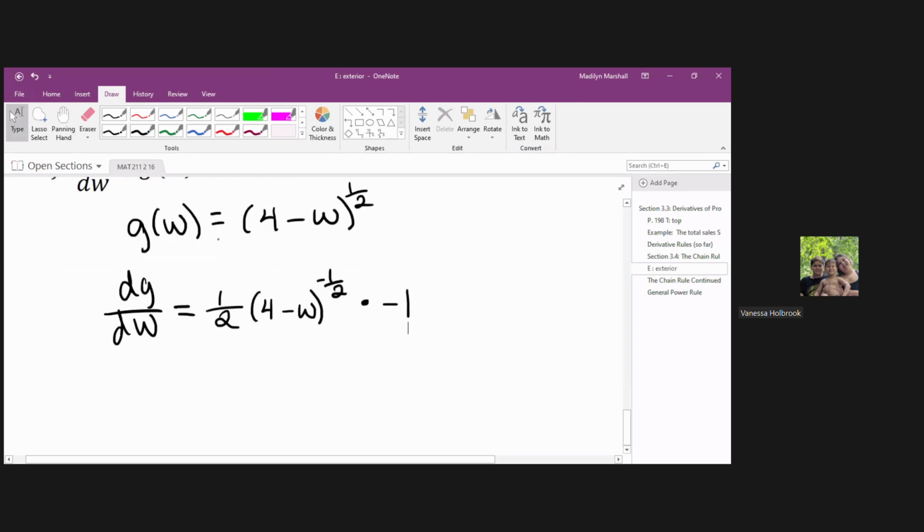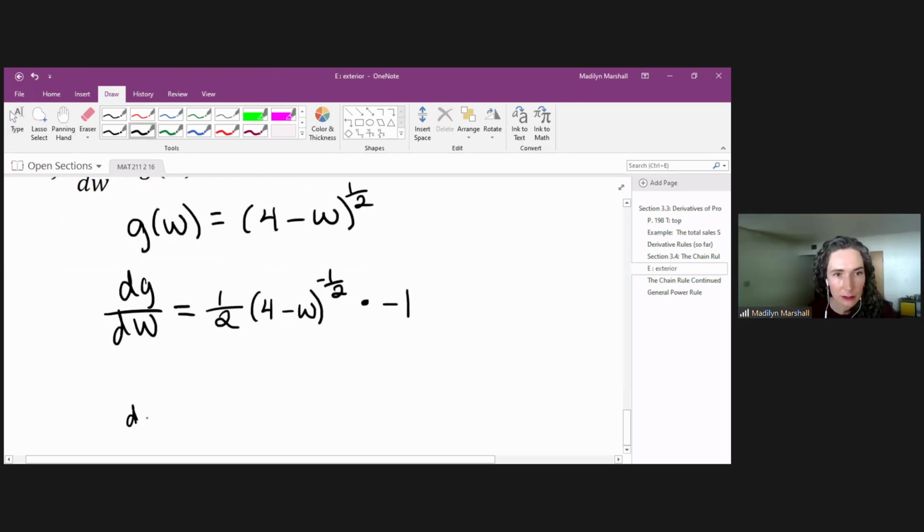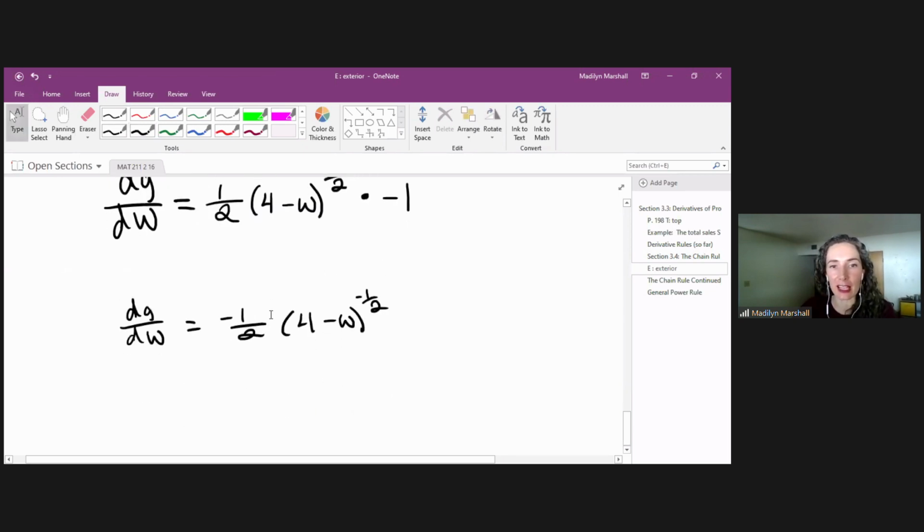And so that negative 1 can multiply with the 1/2, so it gives us negative 1/2. And this would be a fine answer. We could also get that power to be positive by bringing that 4 minus W down.